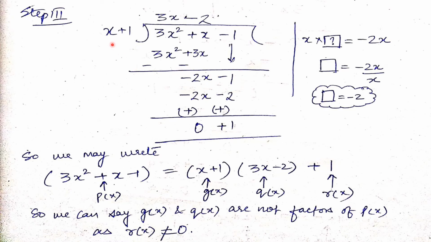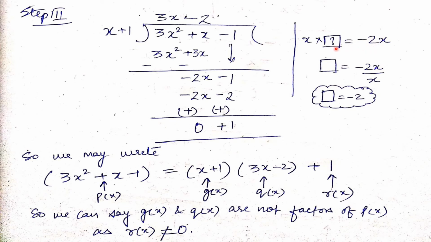Again, concentrate on the first terms only. Your first job is to make this term vanish. So what you want is x into something which is equal to minus 2x this time. So here also I have shown you x into box should come as minus 2x.